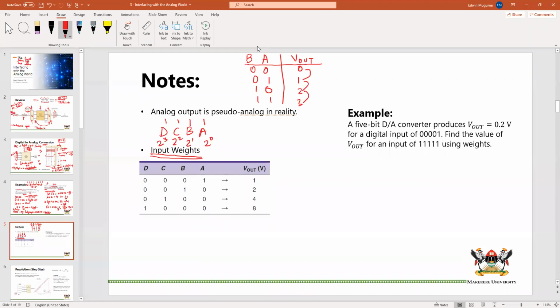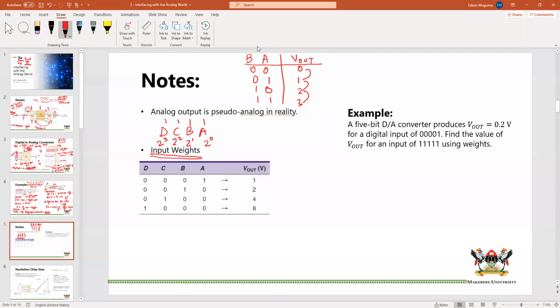If we are looking at the full scale, D contributes 8, C contributes 4, B contributes 2, and A contributes 1. These are the weights of these inputs. The least significant bit has a much lower weight than the most significant bit, and the others are in the middle, as you can see here.